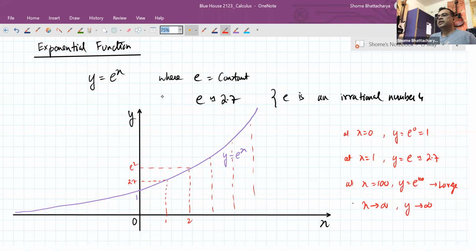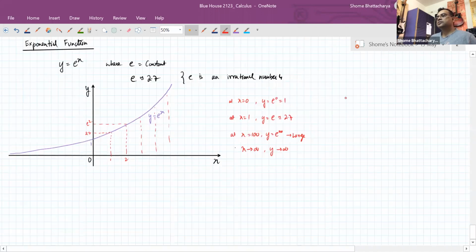Whereas if you look at it on the negative side, it decreases. Okay. So that is the nature of this graph.